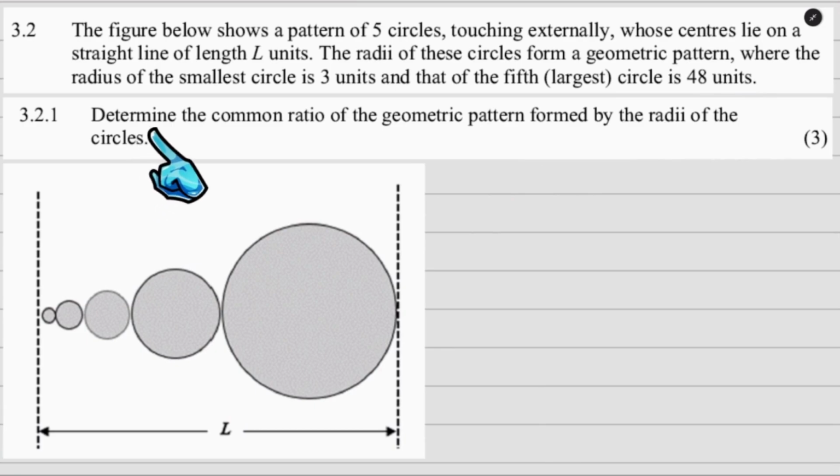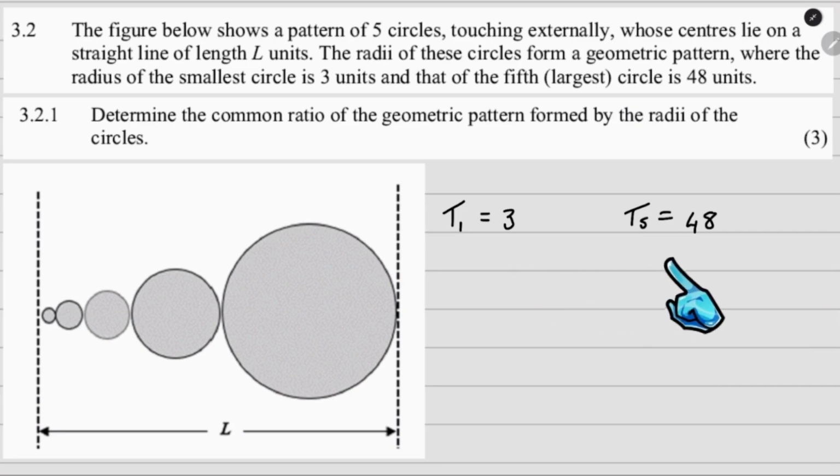And with that information, we need to determine the common ratio of the geometric pattern formed by the radii of the circles. So what they've essentially told us here is that term 1 is 3 units. And term 5 is 48 units.